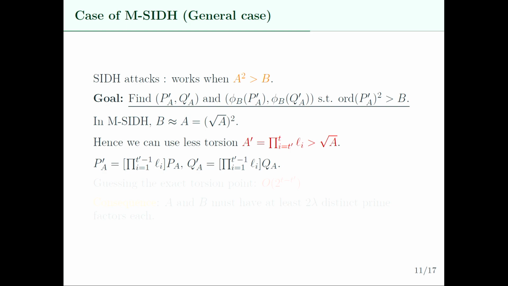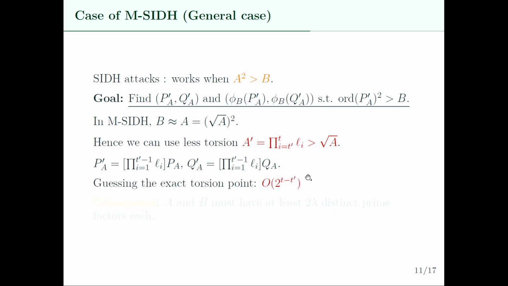So we can use less torsion instead of A. Now we define A prime as a product of l's from t prime to t. Here t prime is the maximal integer satisfying that A prime is larger than the square root of A. Then we can define P_A prime and Q_A prime like this.